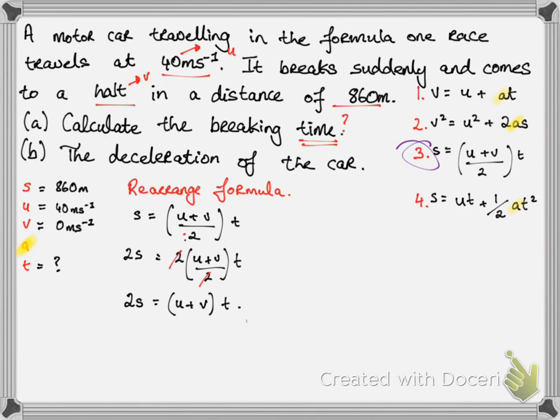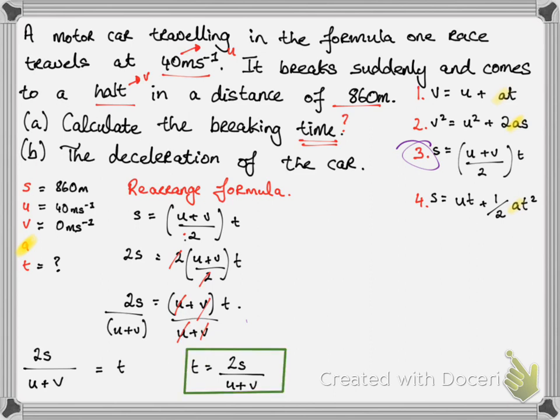Now, we still have u and v multiplied by t, so we need to get rid of the u and the v. The best way to do that is, again, divide it out. And what you get is 2s/(u + v) is equal to t. This is the formula that we will use.